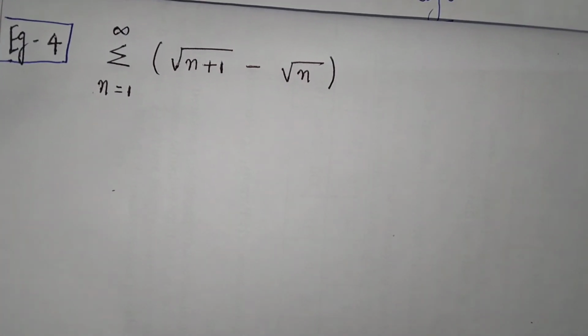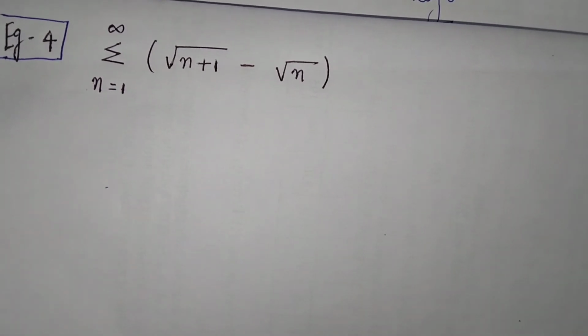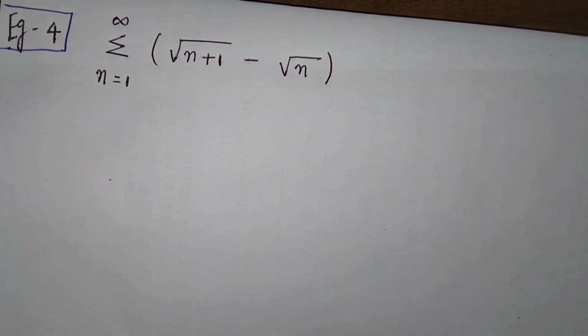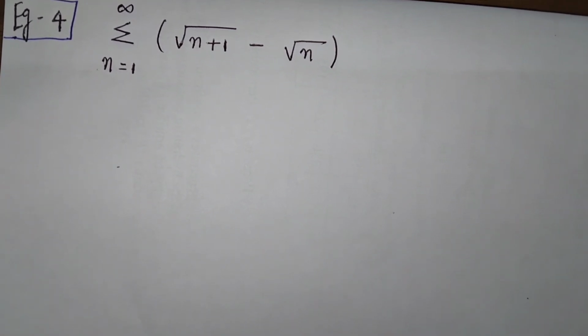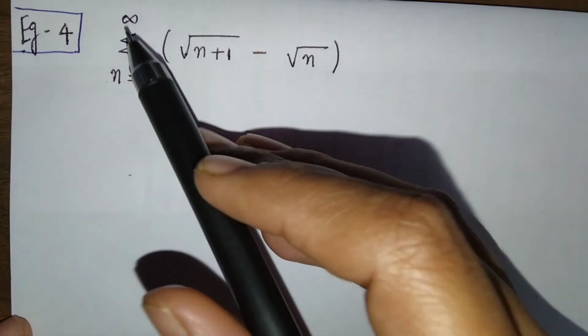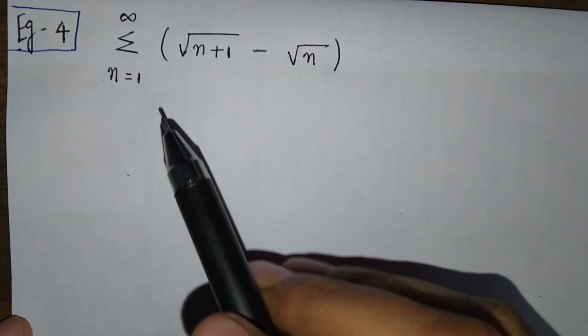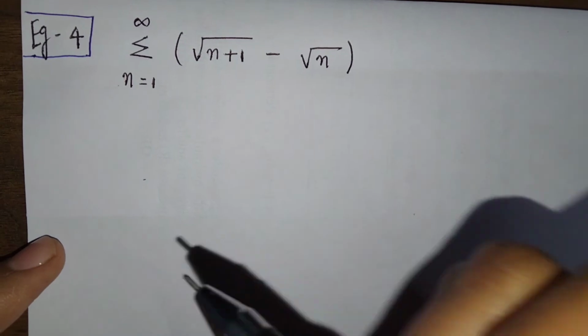Example 4. Summation n equal to 1 to infinity of under root n plus 1 minus under root n is given. Here, as the summation from 1 to infinity is given, we can directly substitute values in this equation.